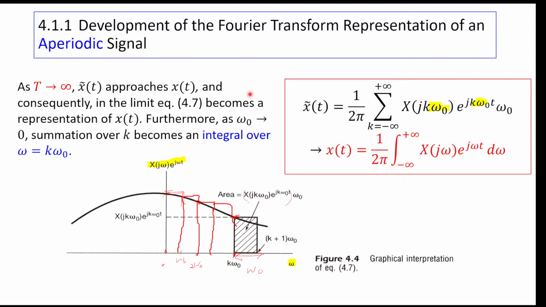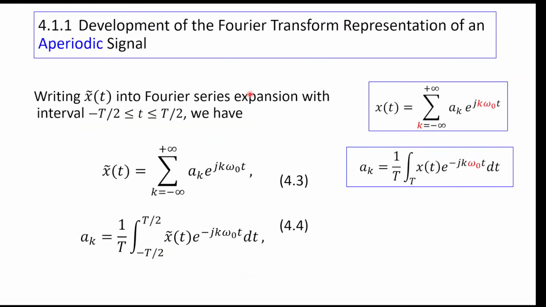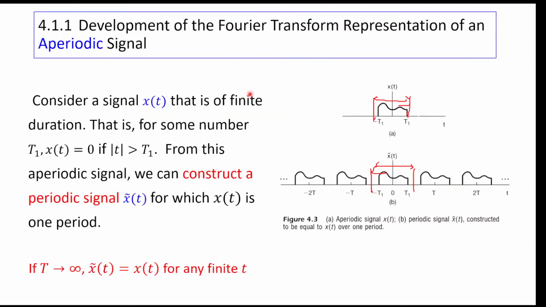Let's go back. Because x tilde of t was x of t with period big T, copy and pasted, when big T goes to infinity, all those copies go off to plus infinity and minus infinity.